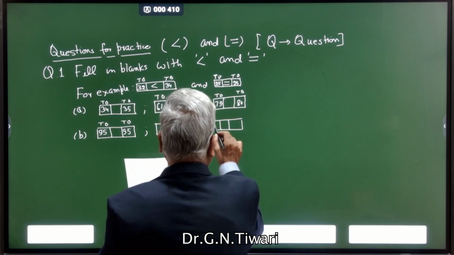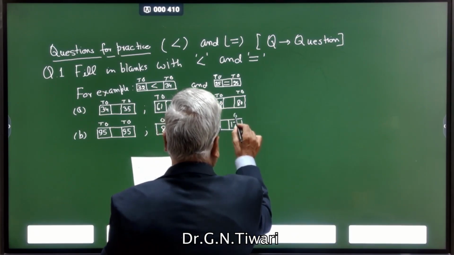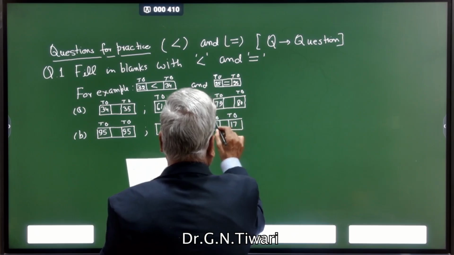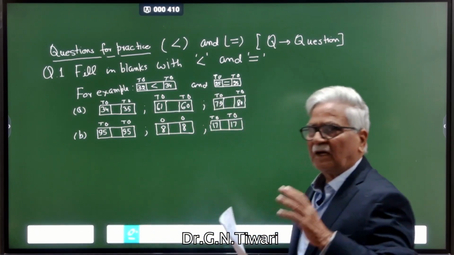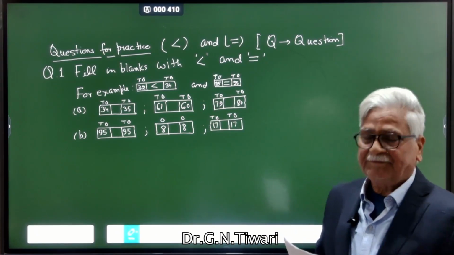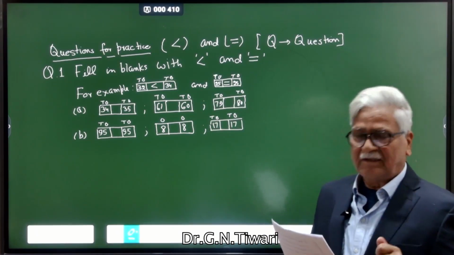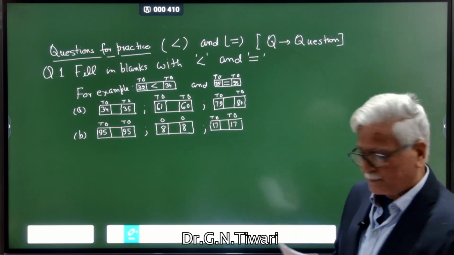Now 17 and 17. O, T, O, T. Now is it clear? Then I am giving the other question, say question 2.